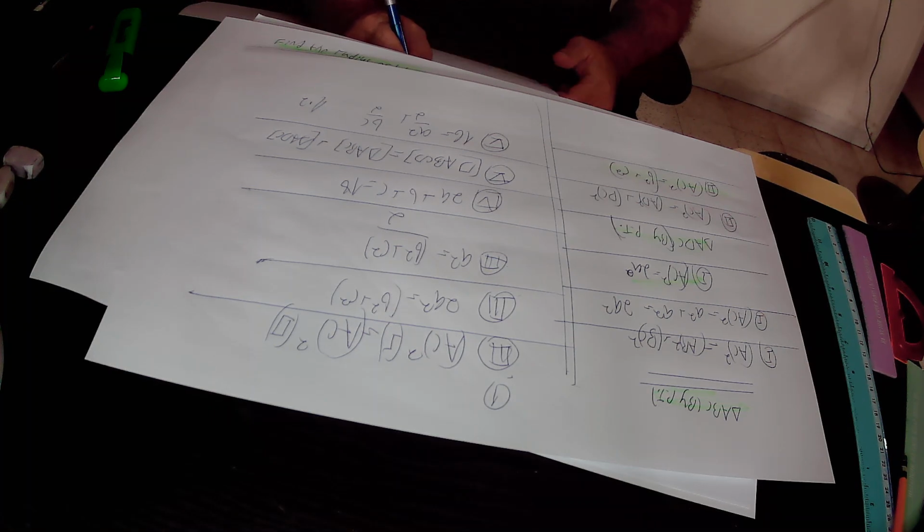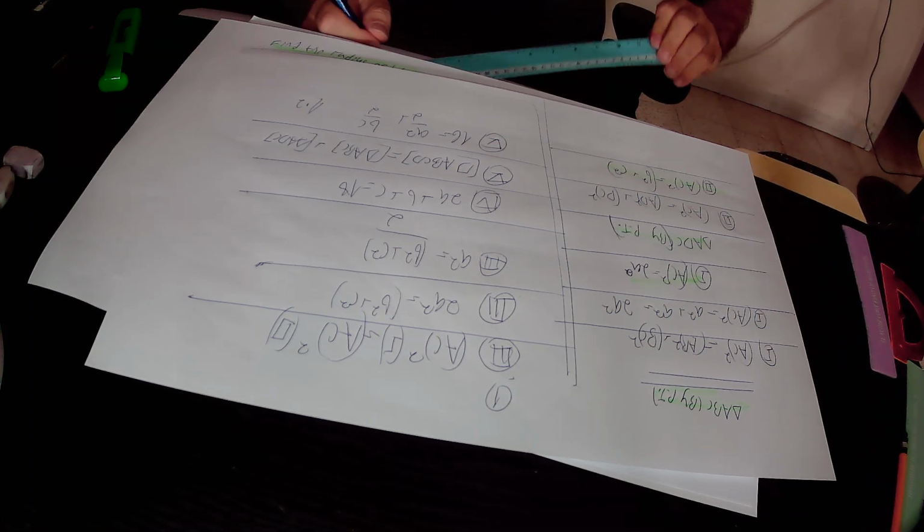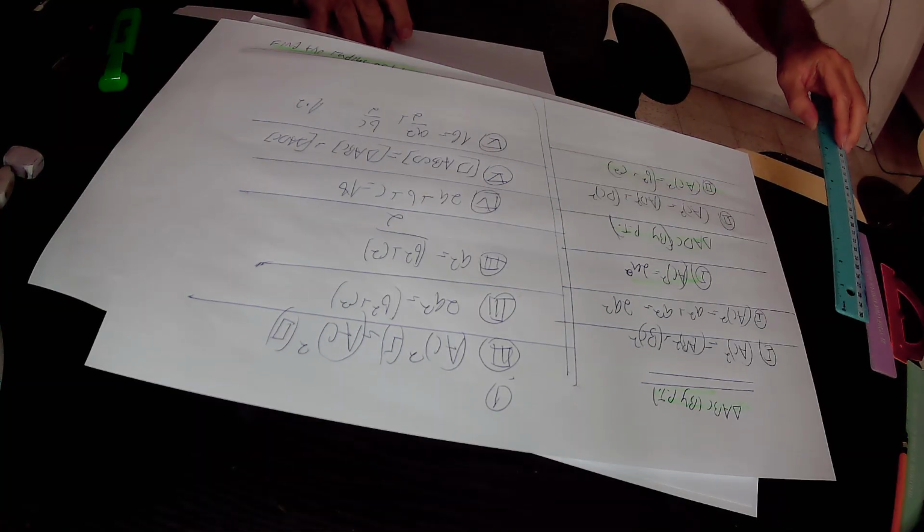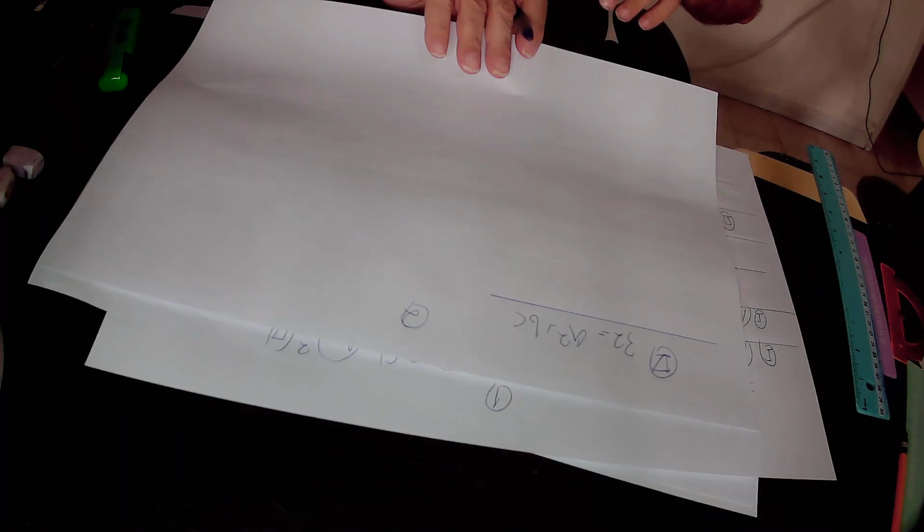So in total, according to equation 5, we actually found out that 32 equals A squared plus BC.